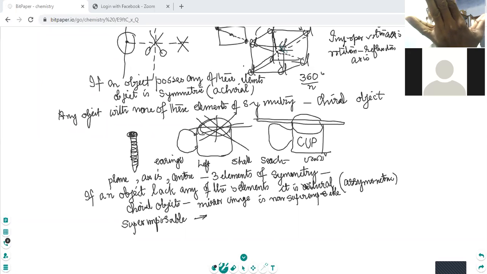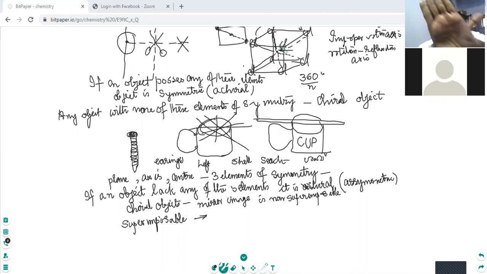But look at the front and back. The front of this right hand is projecting towards you, but the front of the left hand is projecting towards me. So they are opposite. Similarly, the back side is also opposite.